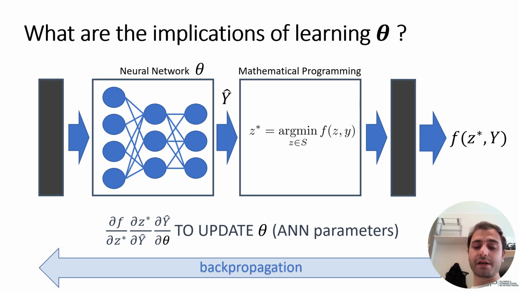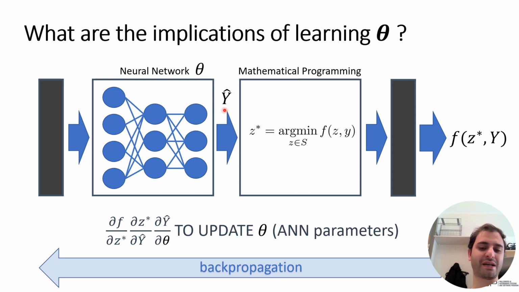But what are the implications of learning these thetas? Once we learn the theta, we will learn this y hat. It's not important that y hat mimic exactly the parameters that we want in the optimization problem, but we want to find these predictions in such a way that we have an optimal value of the objective function in the end.